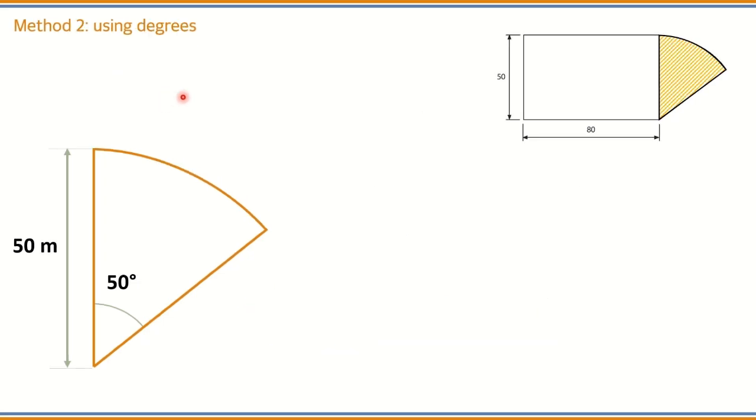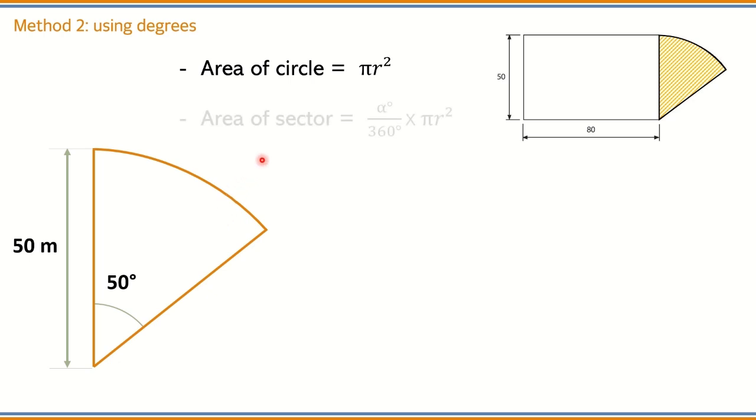Now I'm going to calculate the area of the sector using another method. If you don't remember how to convert degrees into radians, you can use this method that uses degrees. The area of a circle is pi r squared. The area of the sector represents a fraction of the total area of the circle.